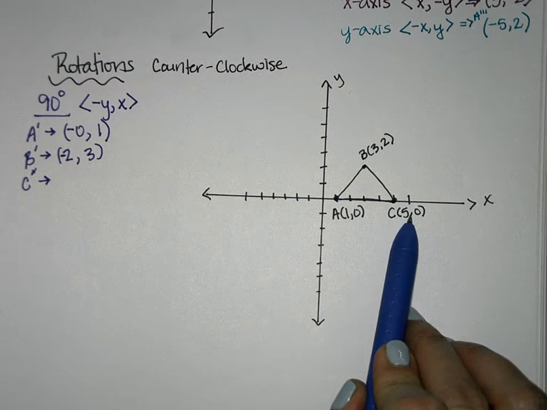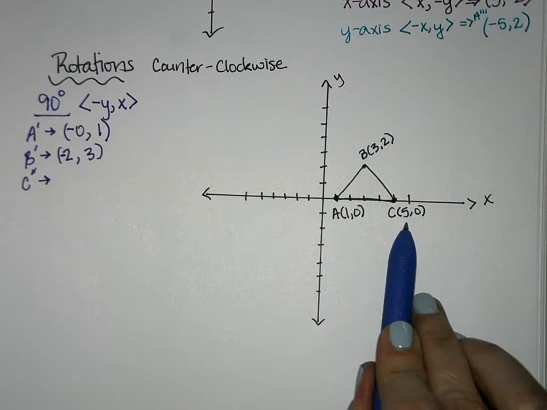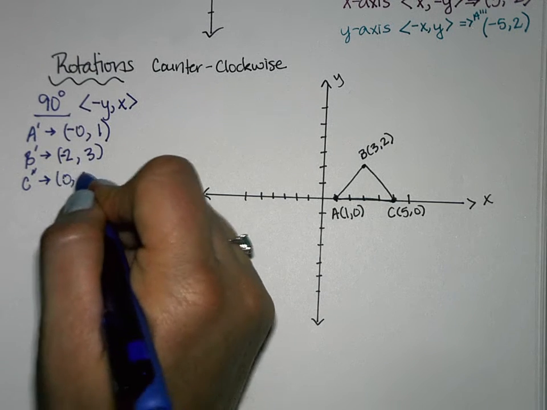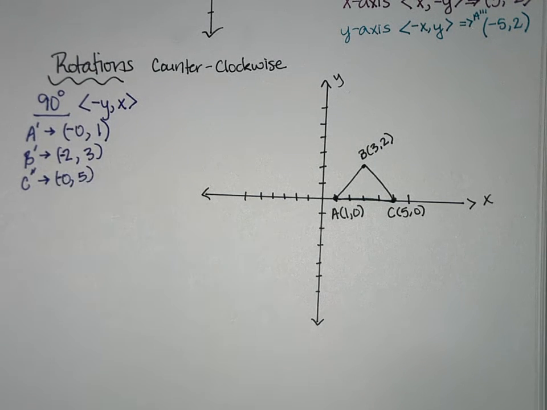For C, which starts off at 5, 0, I'm going to switch, so 0, 5, and make the y opposite. Those are your new points for your 90-degree rotated figure.